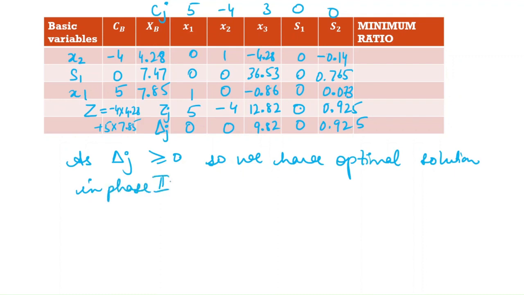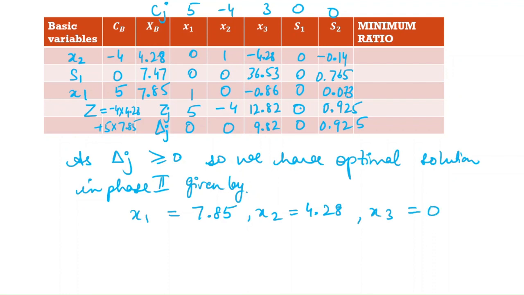So in the initial table of phase 2, we are getting the optimal solution that is given by x1, that is 7.85, that is written here, x2 as 4.28 and x3 equal to 0.